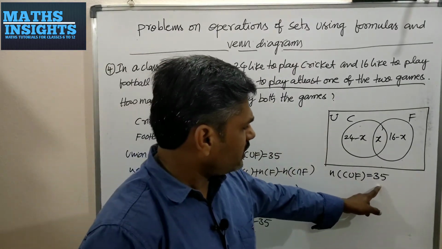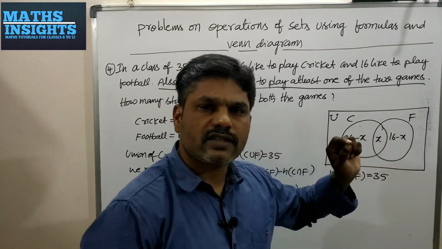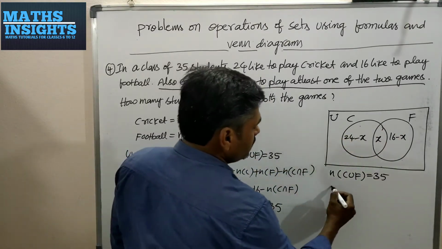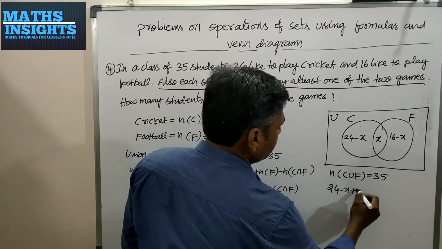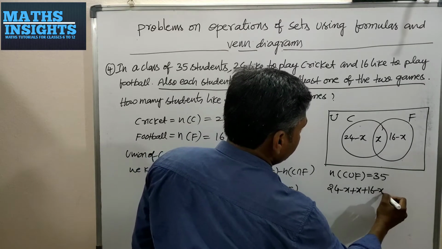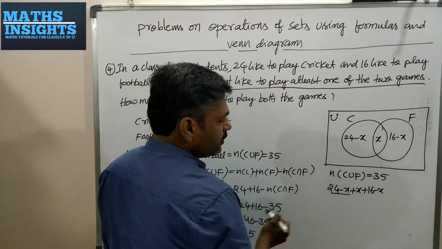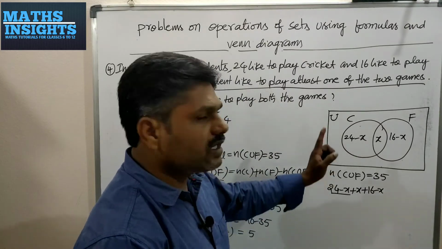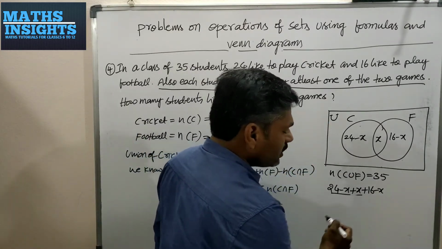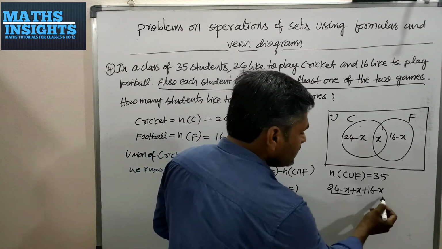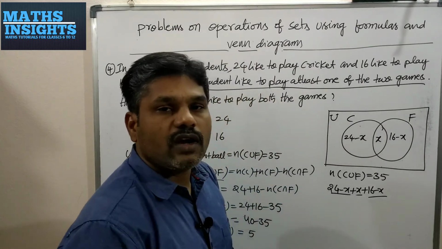If you want to get this 35, you have to add all these players. That means 24 minus X plus X plus 16 minus X. This is the number which represents only cricket, this is the number for both, and this is the number which represents only football.